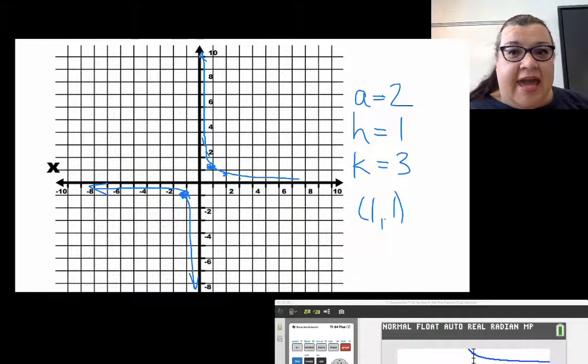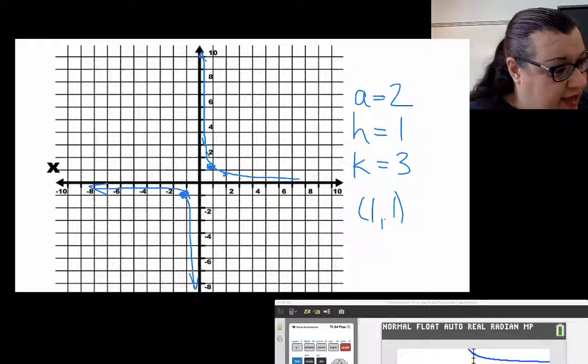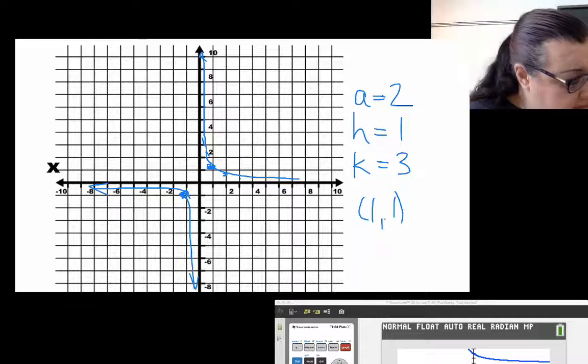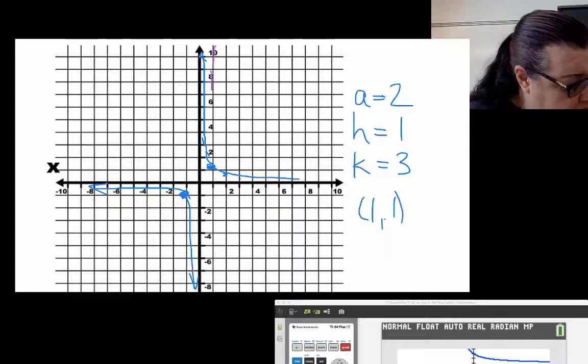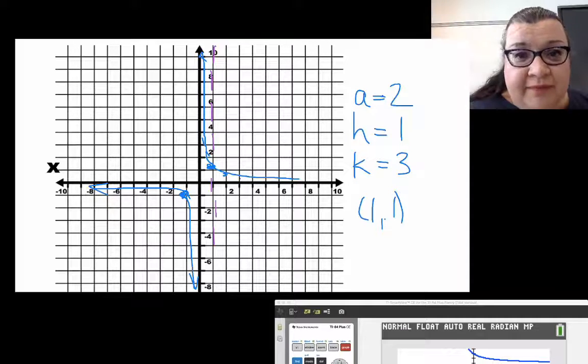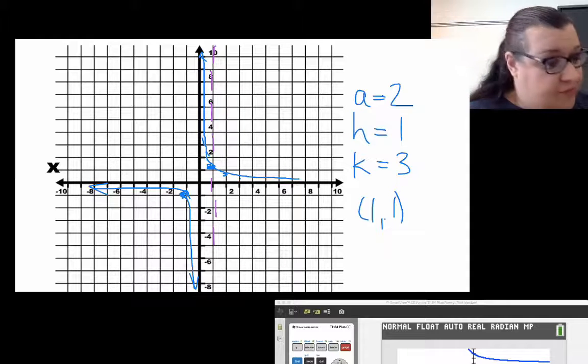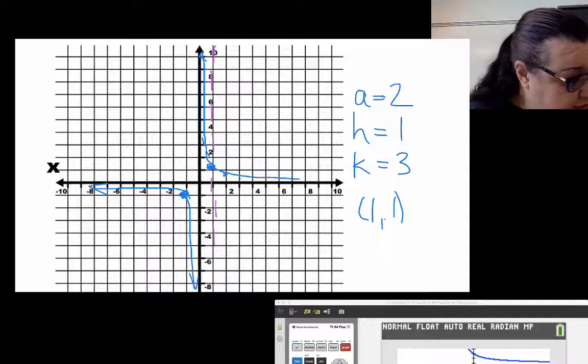But if my h is 1, that means we're going to shift over to the right by 1. So I'd have a vertical asymptote now at 1. And we're also moving up 3. So I'm going to have a horizontal asymptote at, I'm drawing that at 4, and I should be drawing that at 3.